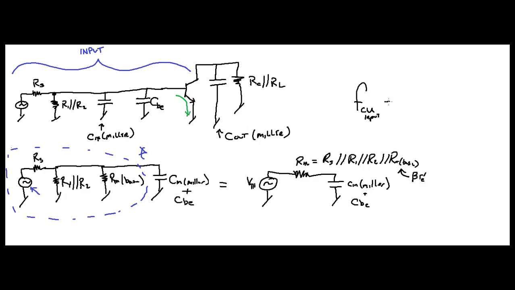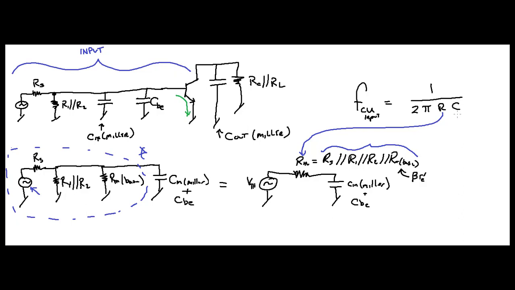That's going to equal 1 divided by 2 pi RC. Your R is right here, and this is the whole equation for R. Okay?